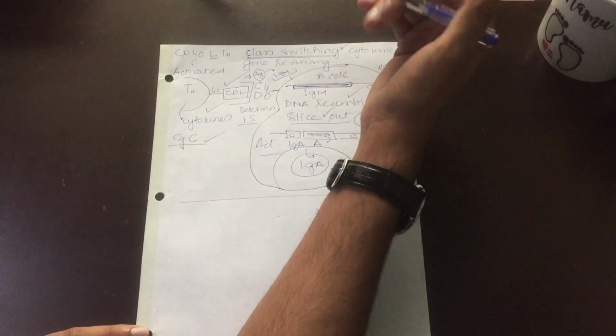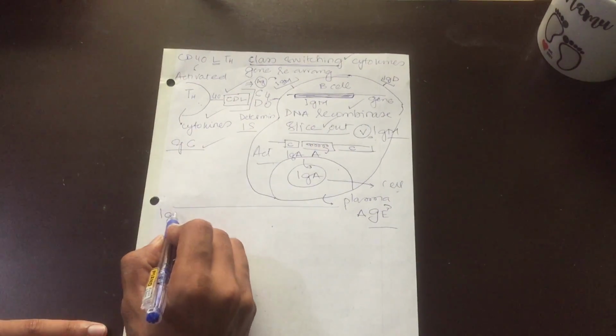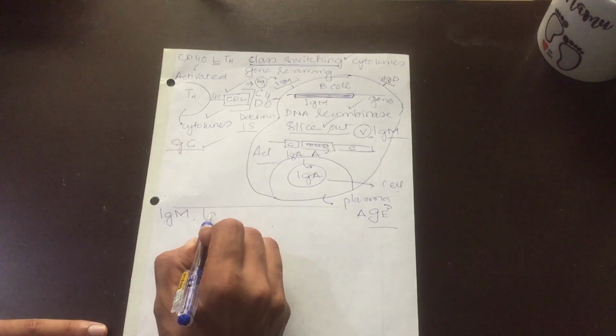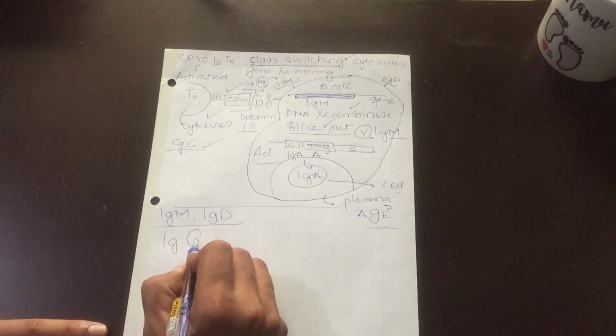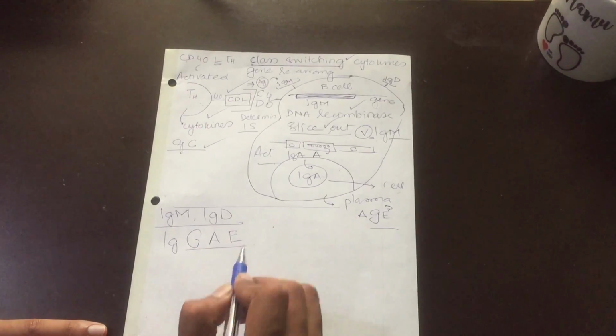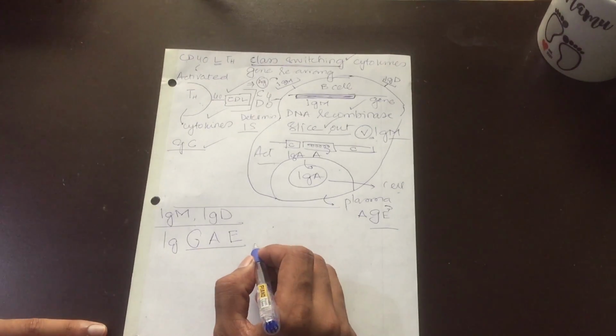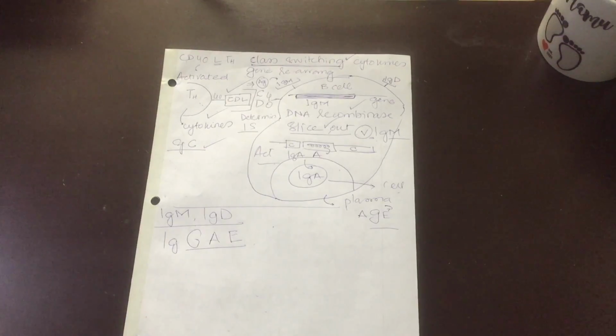We have IgM and IgD, which we already have, and the class switch forms IgG, IgE or IgA, and we will discuss these immunoglobulins one by one.